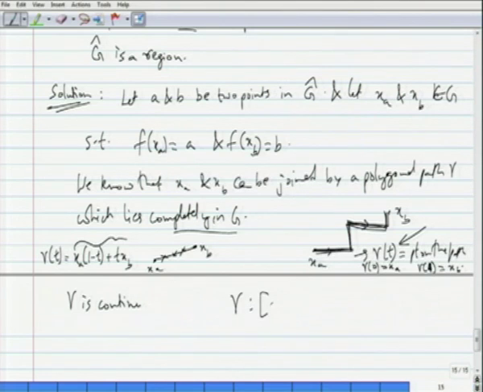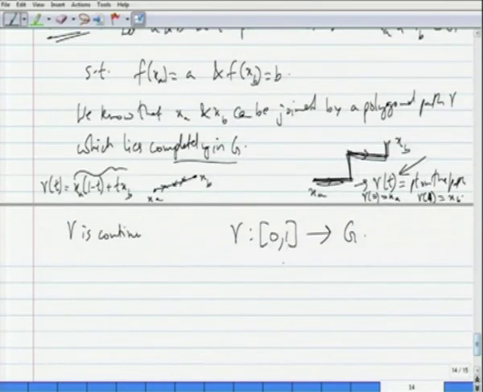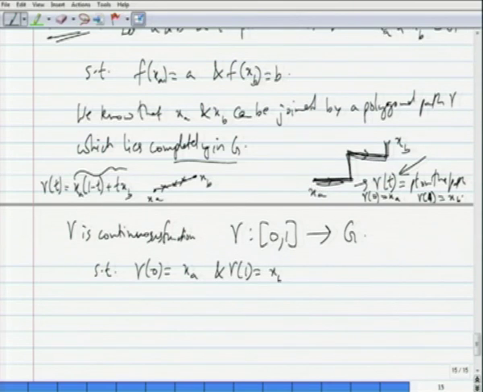Gamma is actually a function from 0 1 to the complex plane, or in particular to G, because the image of gamma completely lies in G, the polygonal path lies in G. Okay. So, gamma is a continuous function from 0 1 to G, such that gamma of 0 is equal to x A and gamma of 1 is equal to x B.